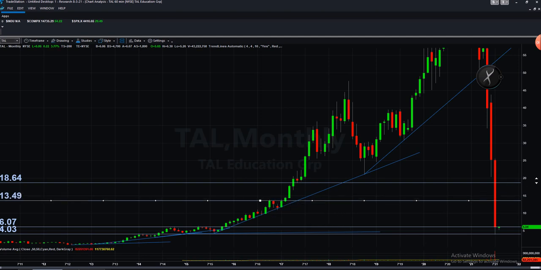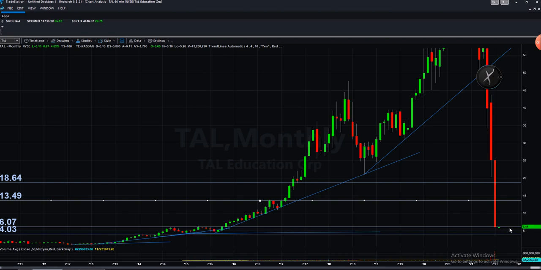All right, so look at the difference in pricing, $6 to $13. I mean, that's a huge gap. That's a lot of potential for profit. So I want to say, just based off of this monthly chart here, this has the potential right now to maintain the $6 area.